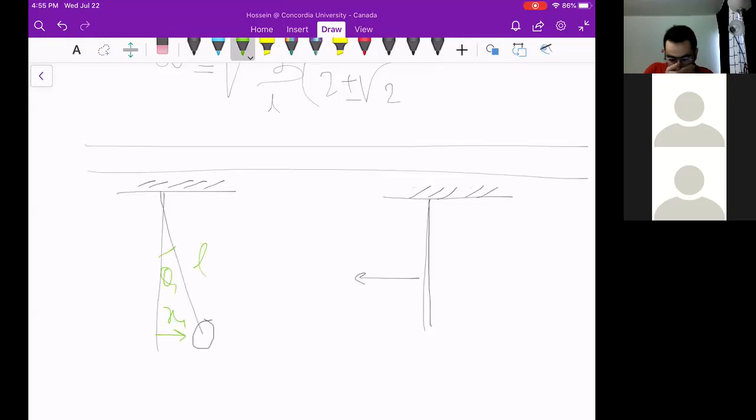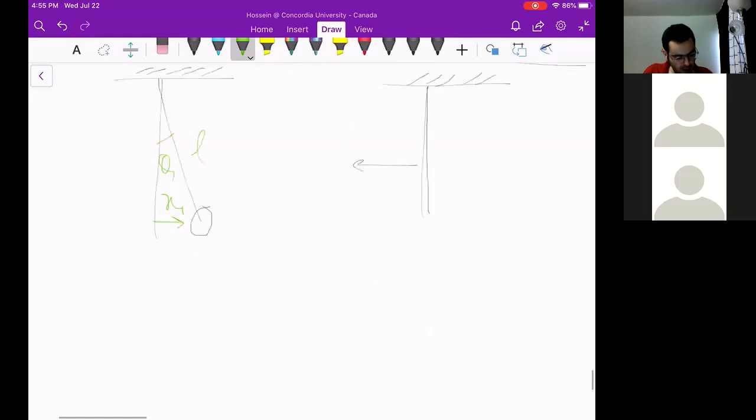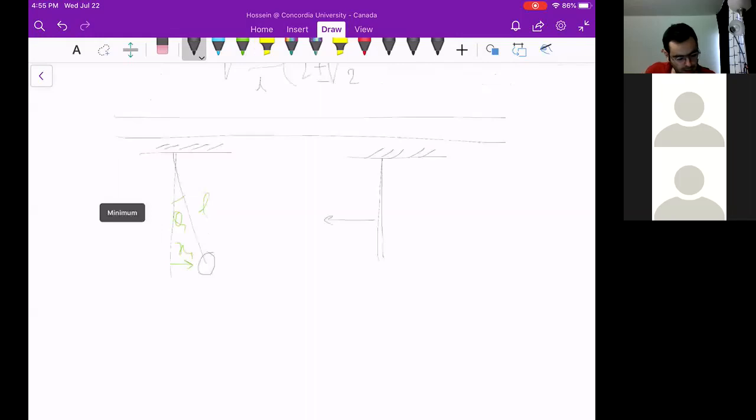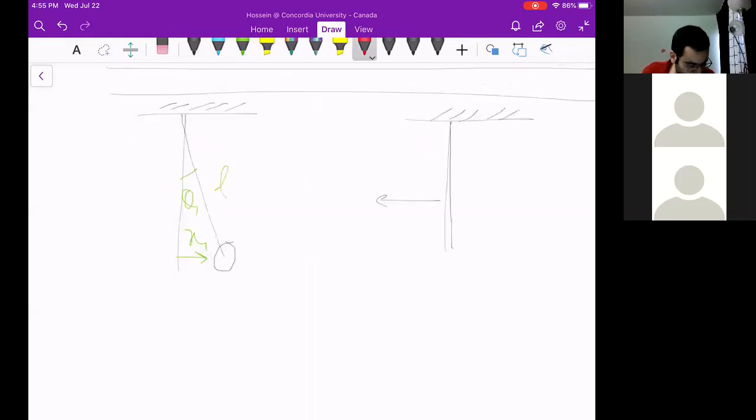And if I detach the second mass from the first mass, for the second mass I can easily apply Newton's second law: the summation of forces in the x direction is going to be m x double dot 1.